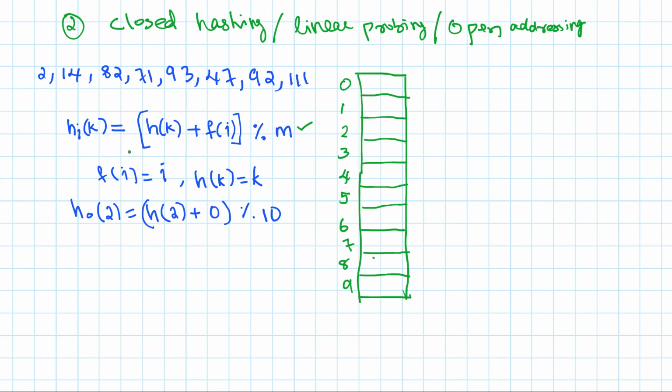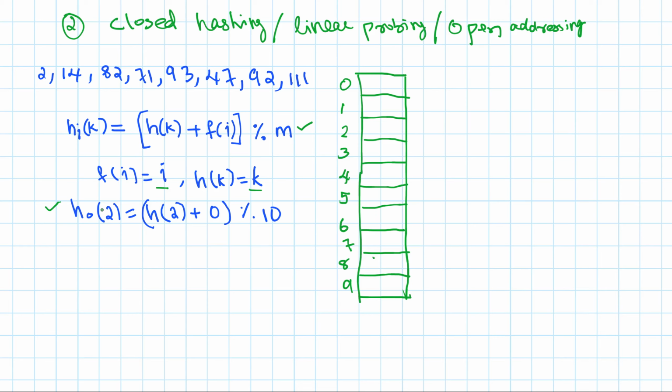I think when I talk about an example, it will be clear. So here I am using f(i) = i. Whatever value you pass for i, that will be the value of f(i). Whatever value you pass for k, that will be the value of h(k). So if I need to insert the number 2, if you are finding the index for the first time, you will be giving the value h_0(2) = 0.